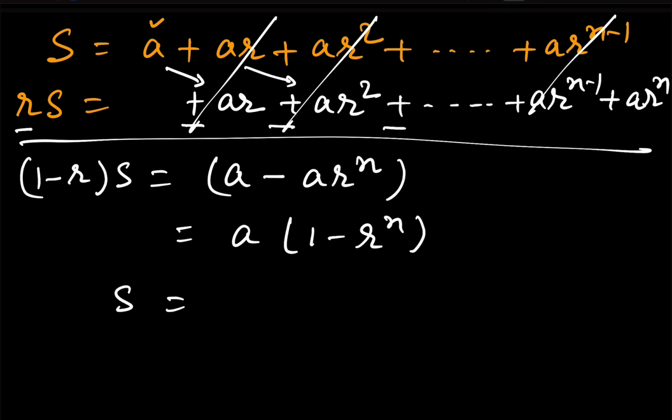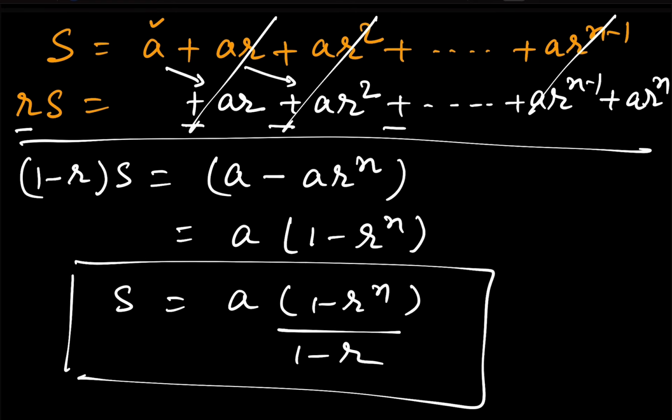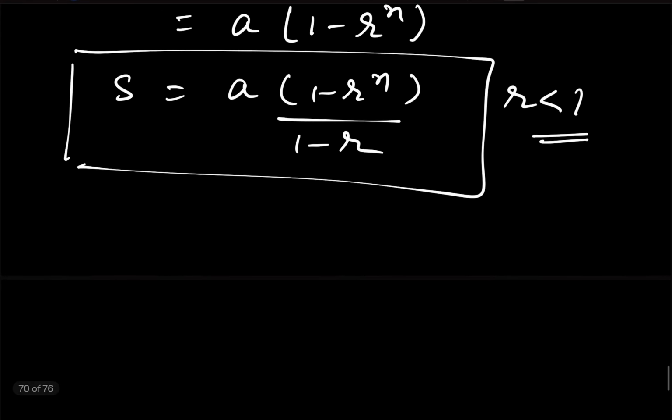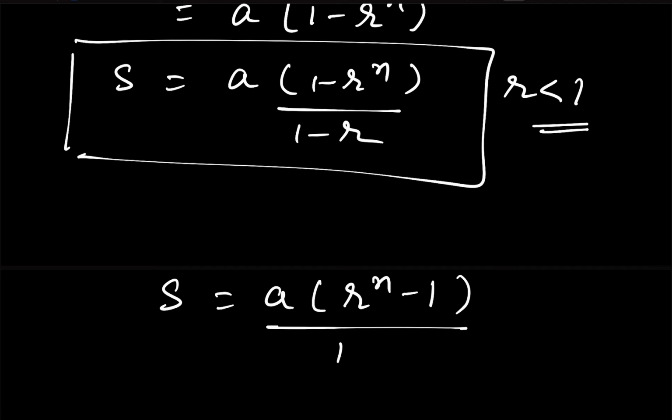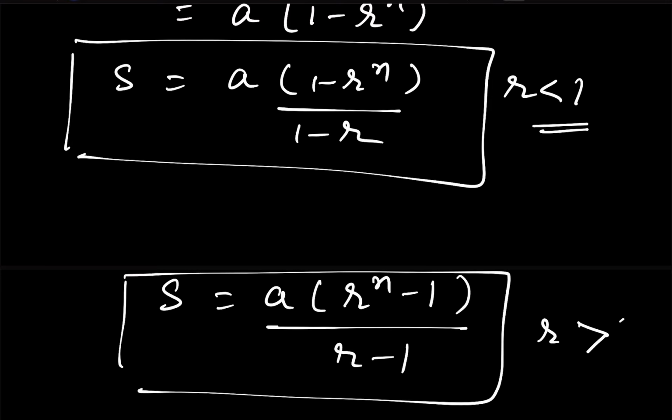So S will give you a into 1 minus r to the power n by 1 minus r. This is the case when r is less than 1. But if r is greater than 1, the same equation will become a into r to the n minus 1 by r minus 1.